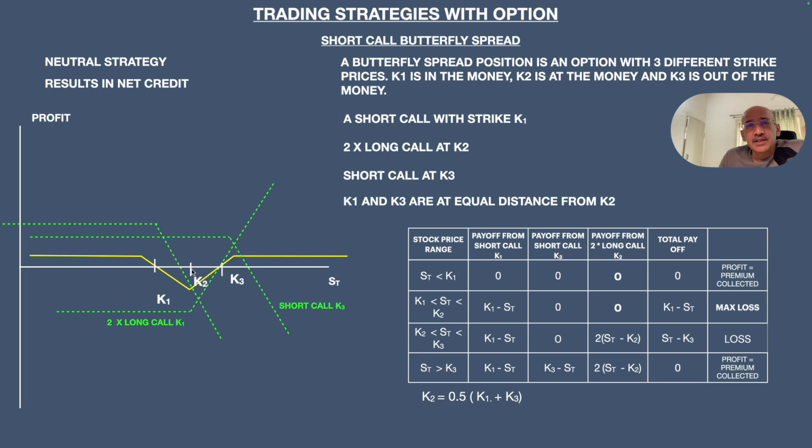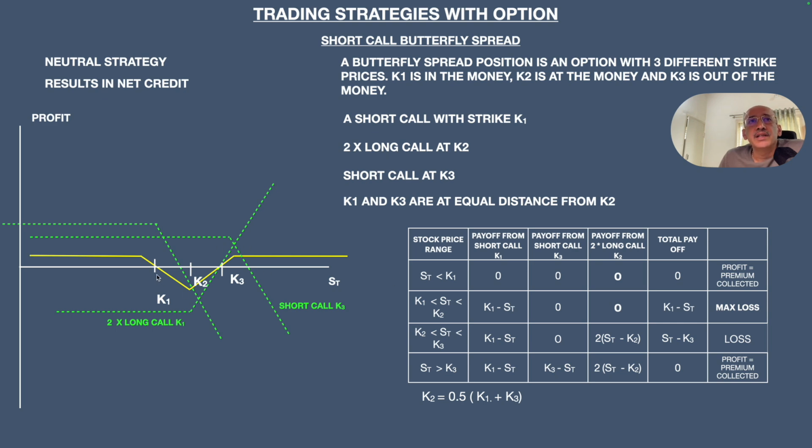But since the value is below K2, these two long calls will result in zero output, because you will lose the premium which you have paid to establish this strategy.